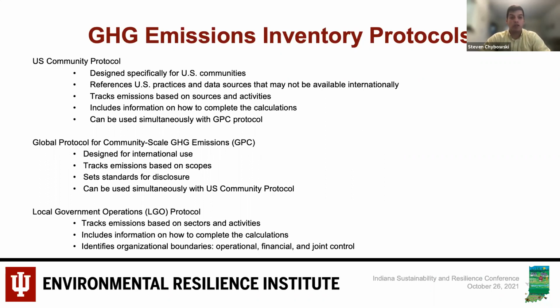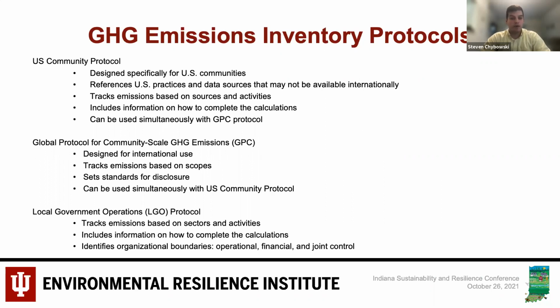There's also the Global Protocol for community scale greenhouse gas emissions. Again, this one is used all over the world. You can certainly follow this here in the US, but it's not going to be as clear about where you need to go for the data that you need to gather. But this is basically the gold standard of how to do an inventory throughout the world and how everybody gathers and reports this information.